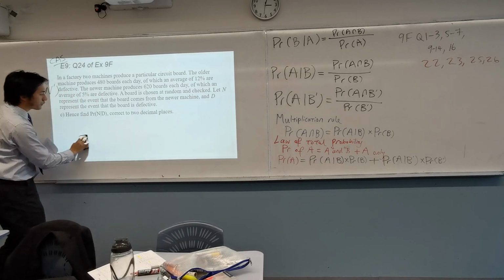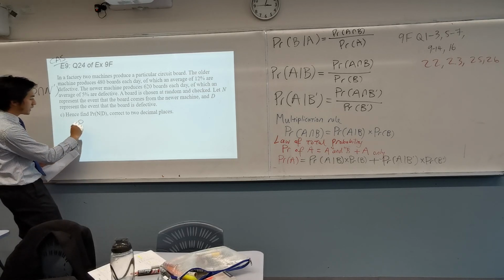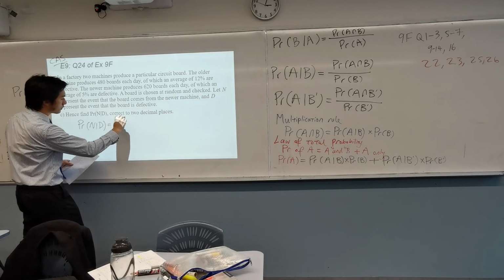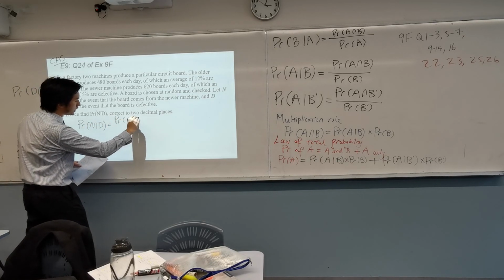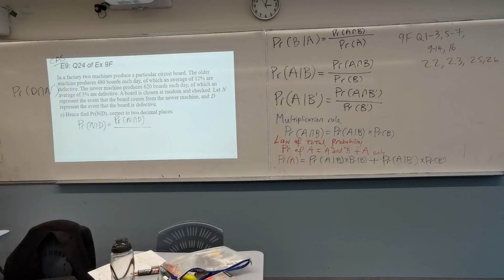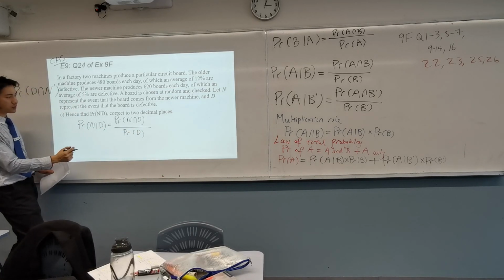The probability of getting a circuit board from the new machine, given that it's defective. So in other words, you've picked a board from the pile, it's defective, what's the probability that it's from the new machine? So this is an application of just the conditional probability formula, N and D, divided by probability. So PRD, because that's our reduced sample space part.